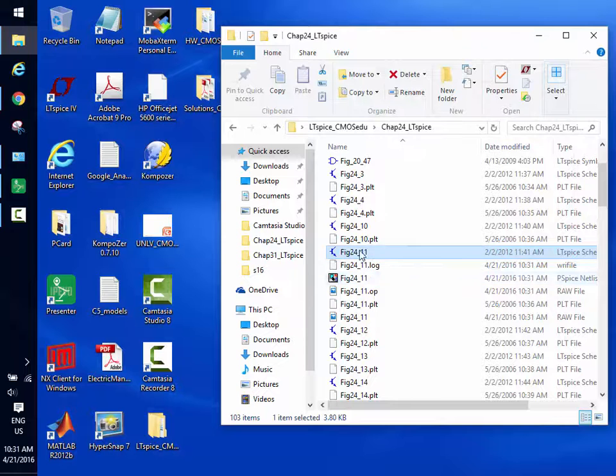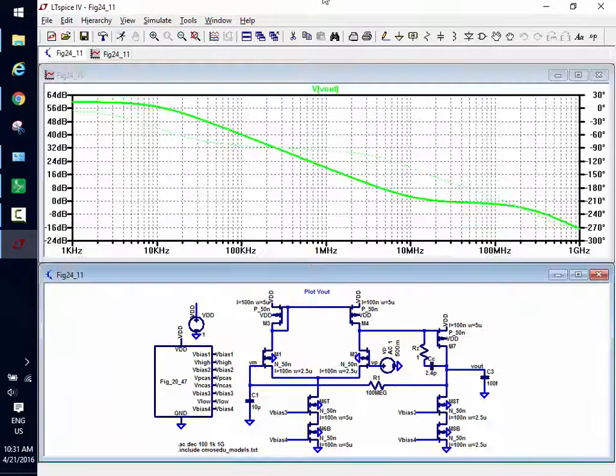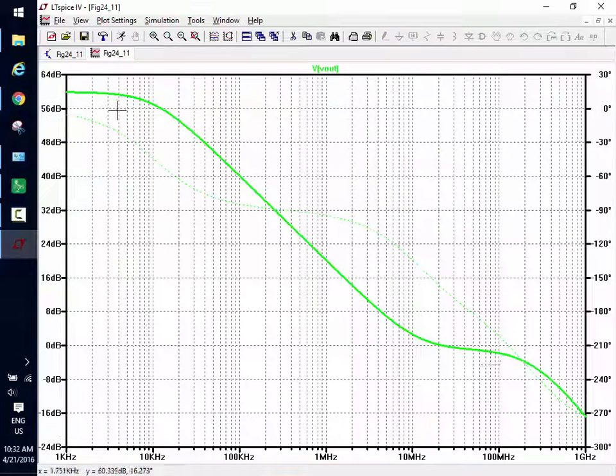And I go back now and I rerun. Gain is the same. Unity gain frequency, that 0, if it wasn't there, it would still be coming down, but the unity gain frequency doesn't change much. Does that answer your question, Warku?